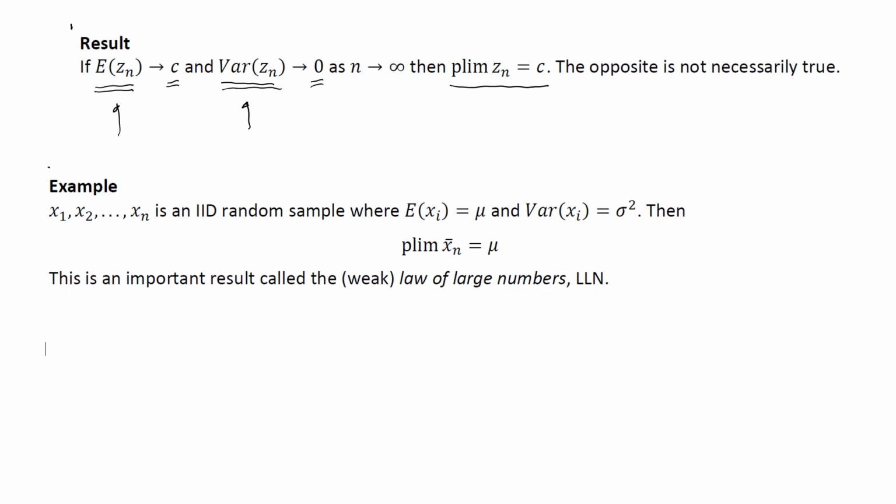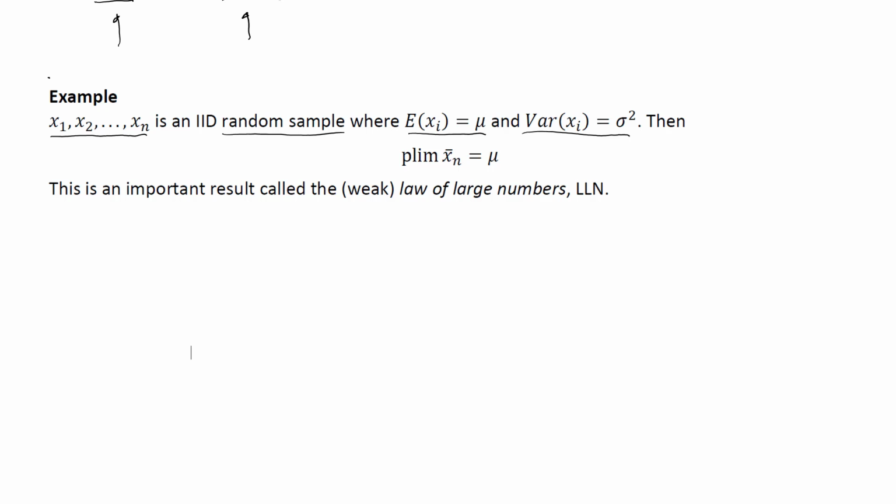Here is an important example. Let's say that I have a sequence of random variables x1 through xn, and it's a random sample. Denote the expected value of xi by mu and the variance of xi by sigma squared.